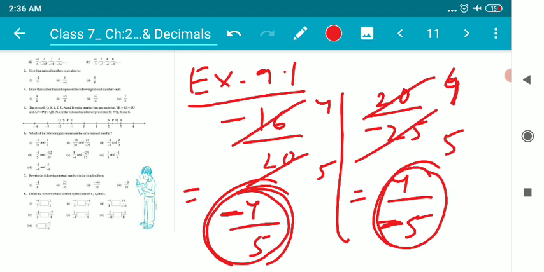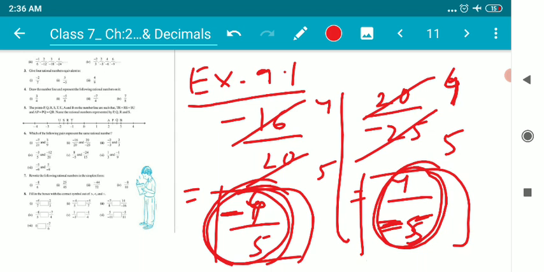Both are always the same. If the minus sign is with 4 or with 5, both numbers are negative numbers and they are the same. Both are numerically the same. No problem in that, okay, children.